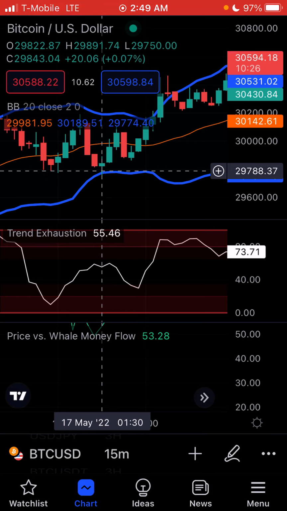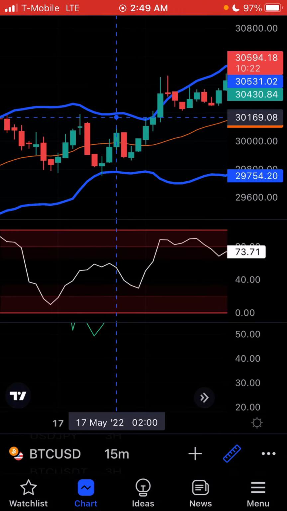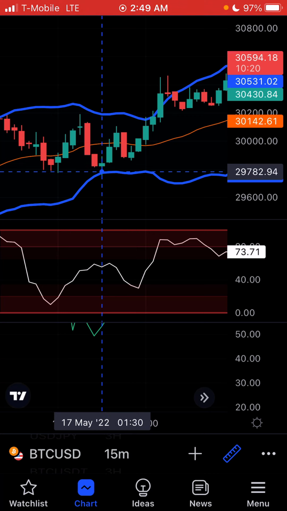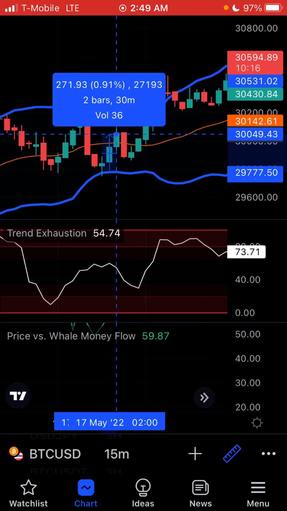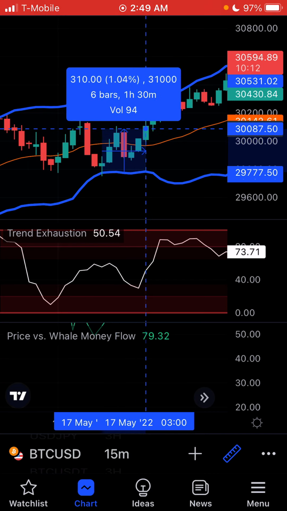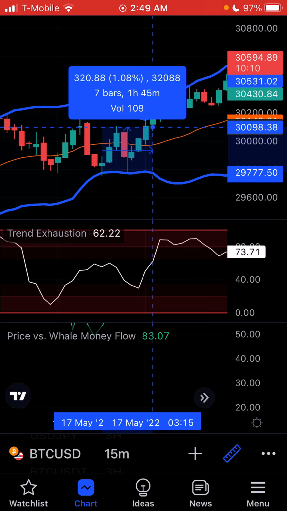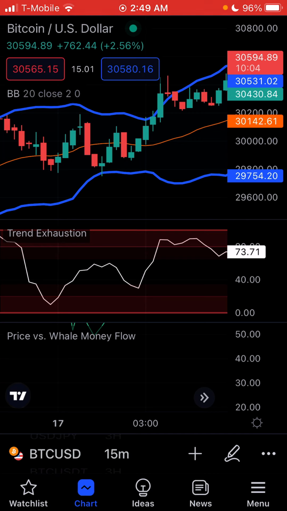If I got in at that moment right there, and I waited, you see that it bounced, so I would probably sell right about here. That right there is a 1% move, a little over 1%.